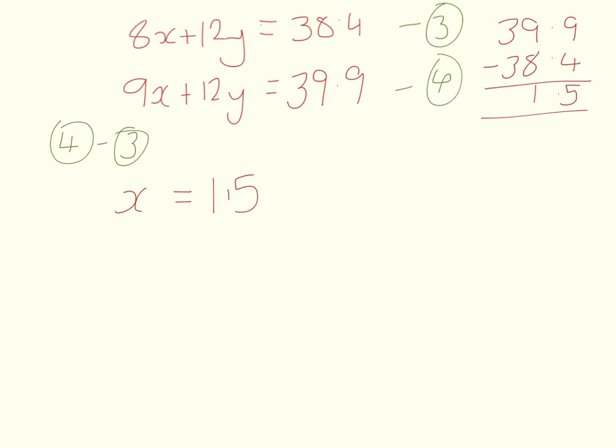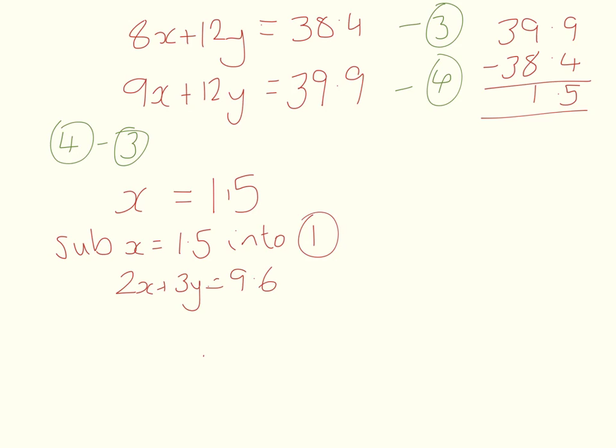Okay, so what we're going to do now to find out the value of y is sub x equals 1.5 into equation 1, which was 2x plus 3y equals 9.6. So if x is 1.5, it's going to be 2 times 1.5 plus 3y equals 9.6.